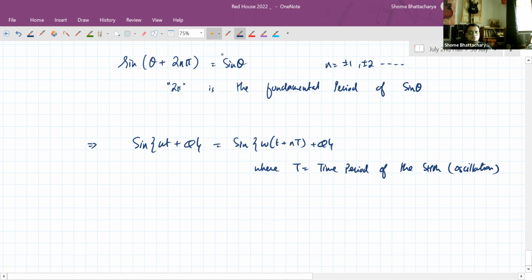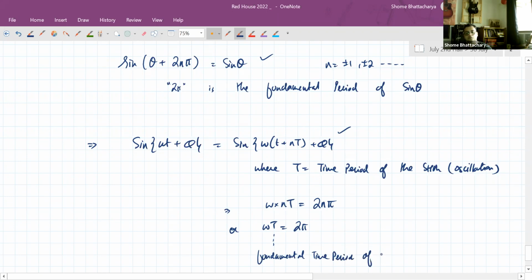Okay. So if you compare these two equations, now you can see that omega into nT should be equal to 2n pi, or omega into T should be equal to 2 pi, because this is the fundamental time period of the motion.